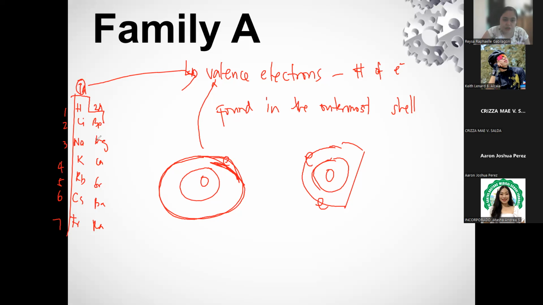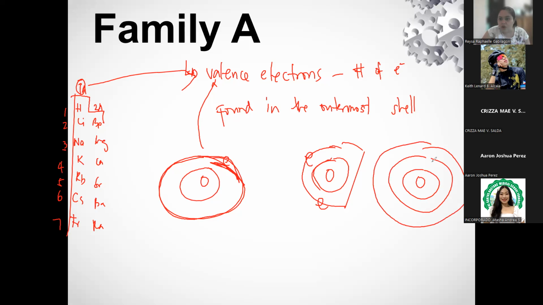For group 2A, magnesium, pero nasa period 3 siya, meaning meron siyang tatlong energy shells. Nasa group 2A siya, and that means dalawang electrons pa rin on the outermost shell. So I hope by now ma-identify nyo na: period represents the highest shell being occupied.